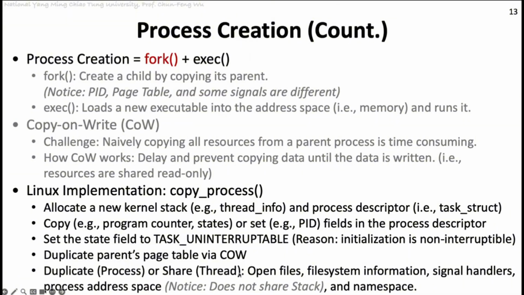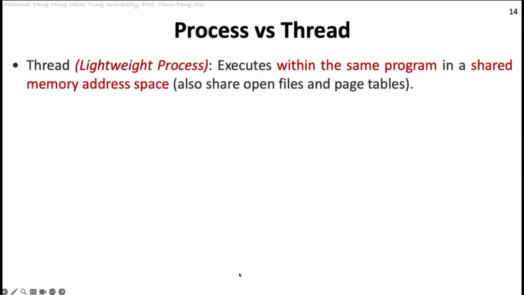And there are more details on the next page. People say a thread is just like a lightweight process, and it executes within the same program in a shared memory address space. Usually when we talk about threads, we are saying they share open files and page tables.